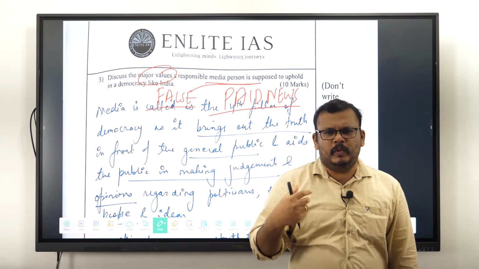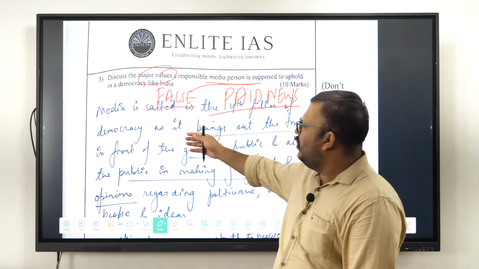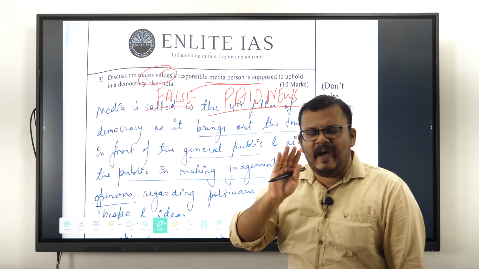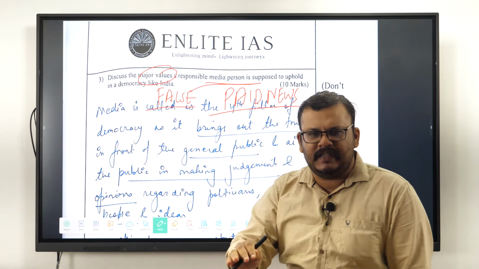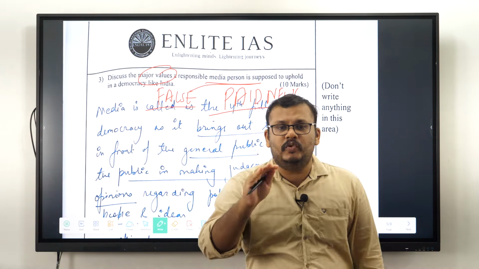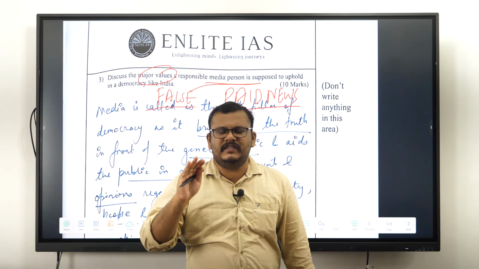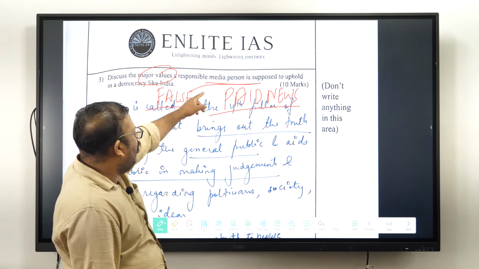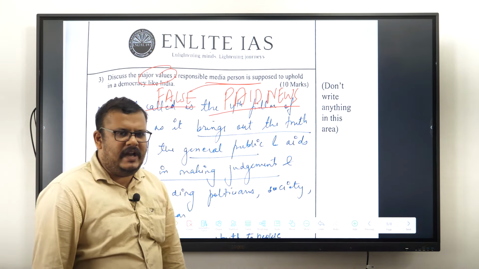So how will you approach such a question? Here the core idea is you need to identify the values a media person is supposed to showcase in this society. You need not focus too much upon the democracy values.